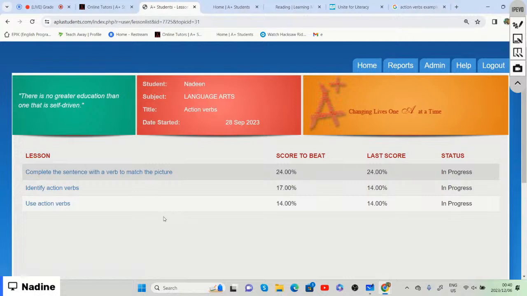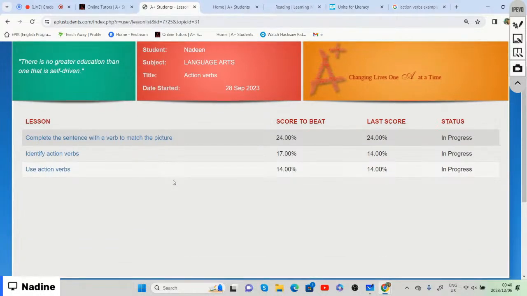Right? So far we have completed the sentence with a verb to match the picture. So now we're going to use the action verbs.